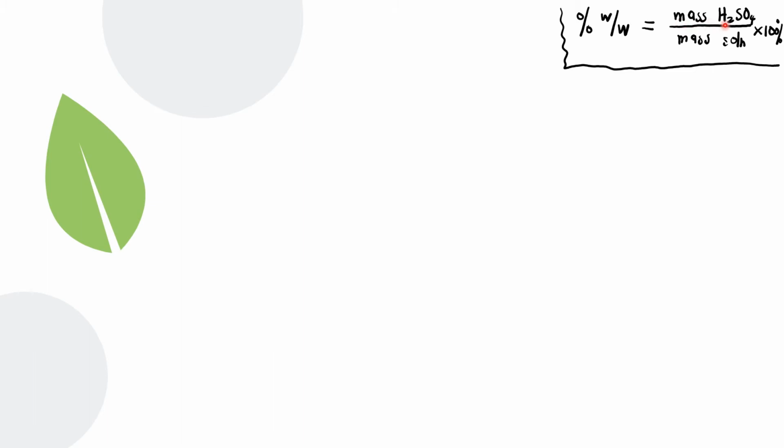Okay, so this is our question. Okay, we need to find the percentage by mass. So to find the percentage by mass, you need to find the mass of solute and mass of solution first. Okay, and then you multiply by 100%, and you will get the answer for percentage by mass.